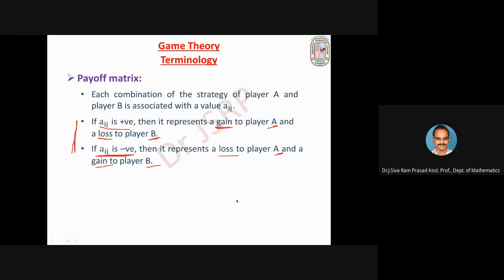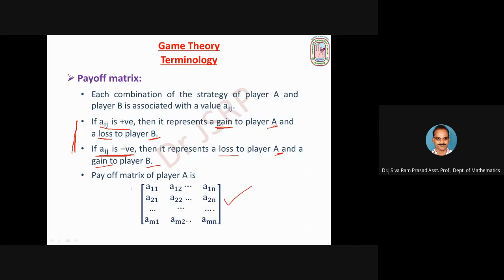The payoff matrix can be taken like this. There are m rows and n columns: A11, A12, and so on up to A1n, that is n columns; similarly A11, A21, and so on up to Am1, that is m rows.